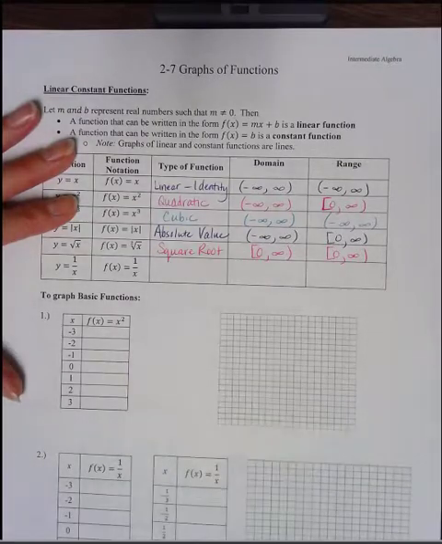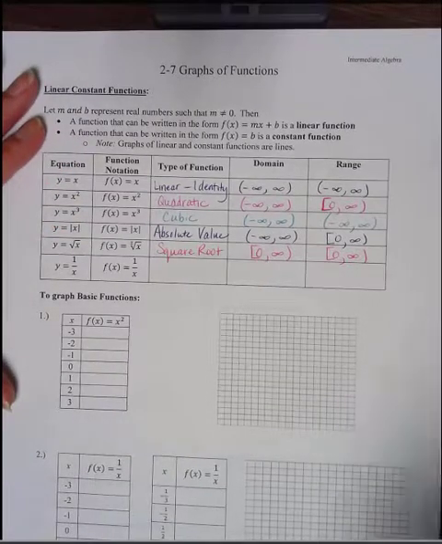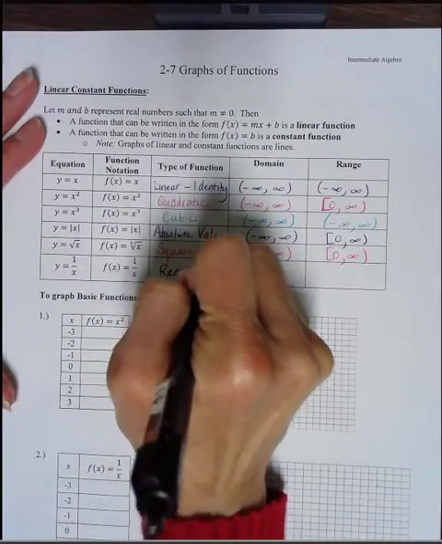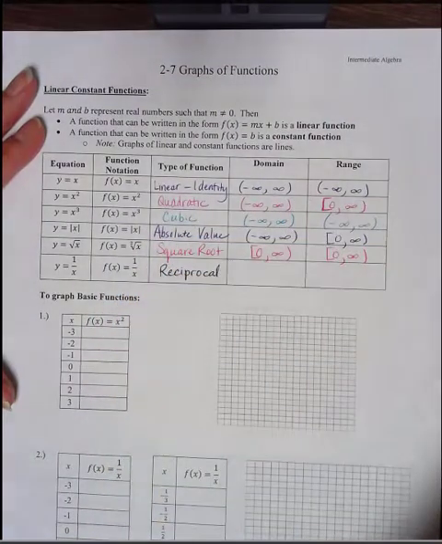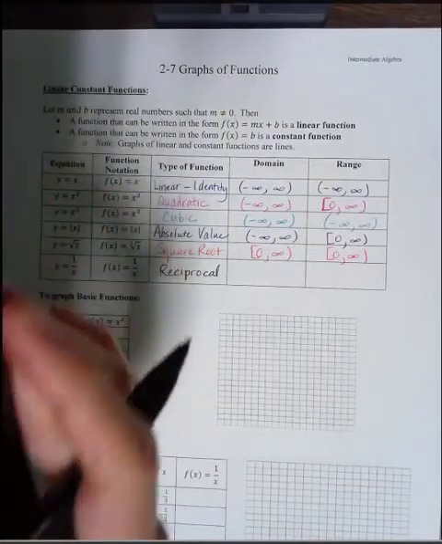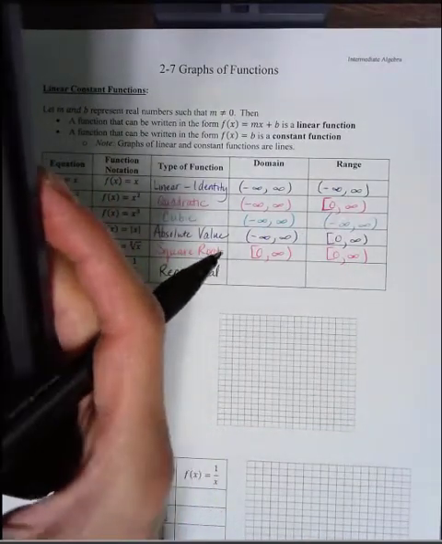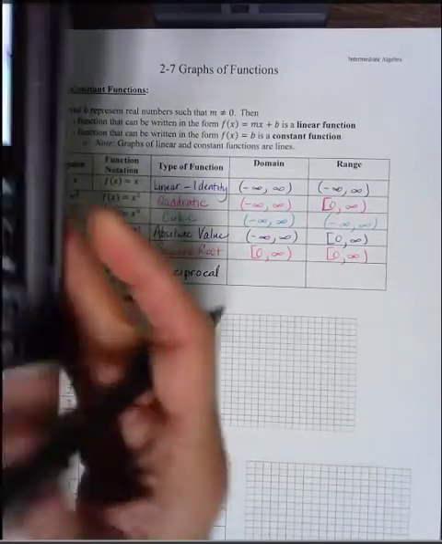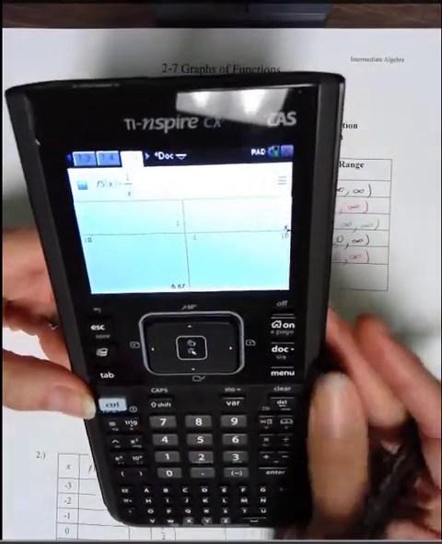Okay, and then the last function is what we would call the reciprocal function. And with the reciprocal function, we have a fraction. So we have to worry about some specific things happening when we're dealing with a fraction.